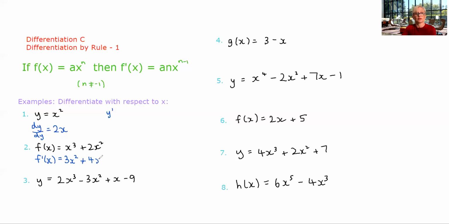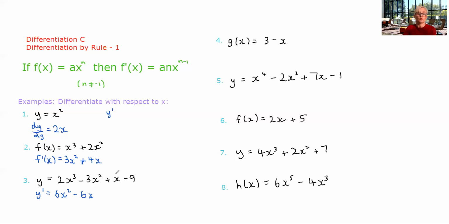And we decrease this by 1, which is just 1, so we don't need to worry about writing that. Okay, I'm going to use y dash here just for something a bit different. Bring this down as a multiplier, so 2 times 3 is 6. Decrease it by 1. Bring this down, so -3 times 2 is -6.